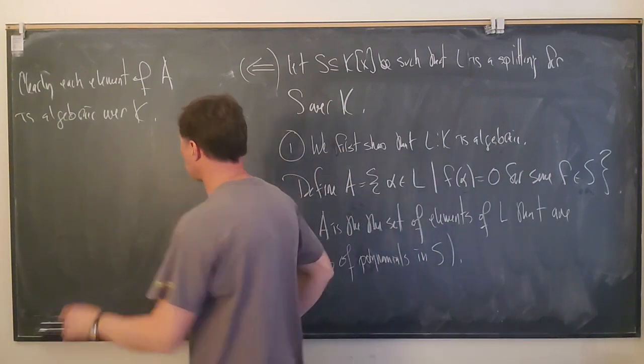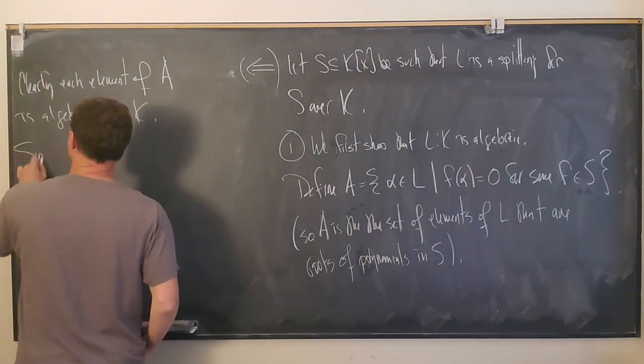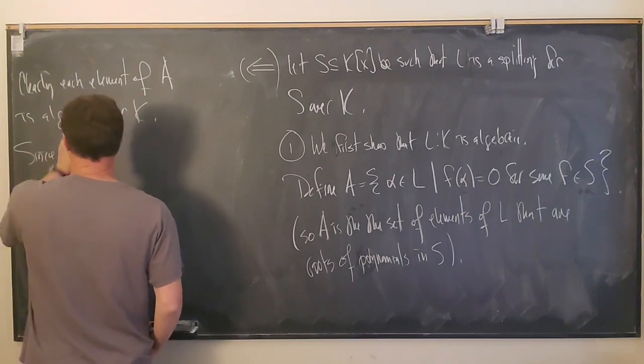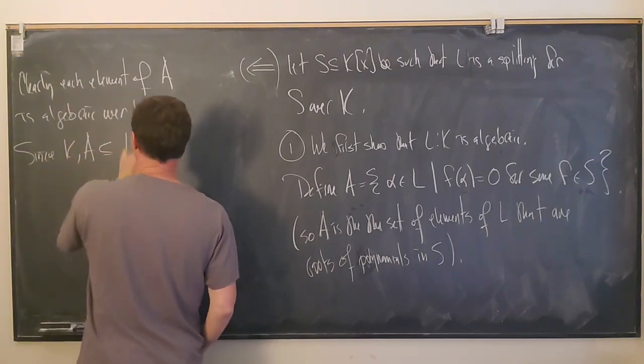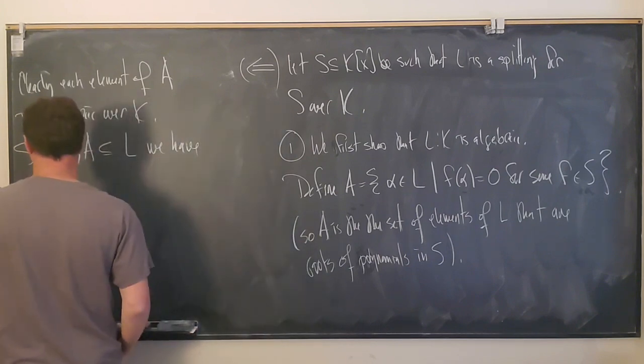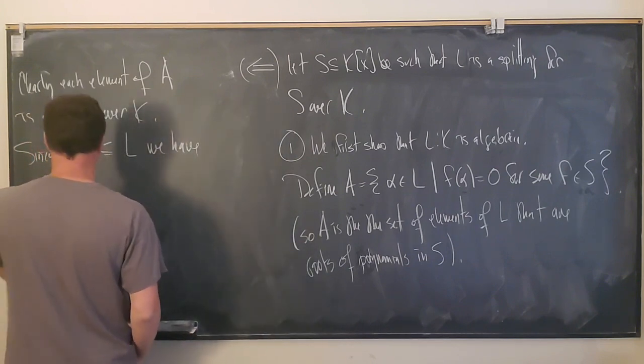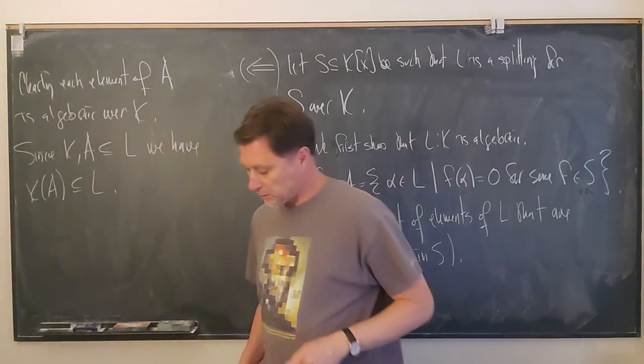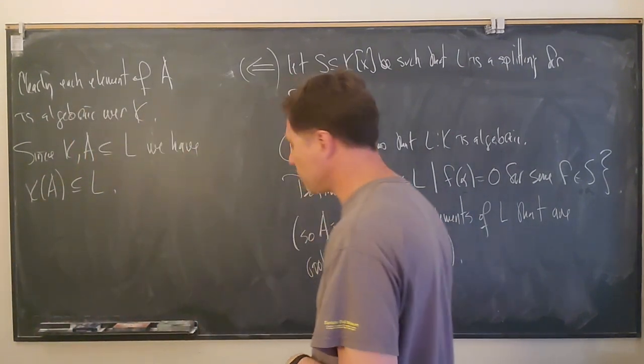Now, since both K and A are contained in L, we have that K adjoin A is contained in L. And so here's what I would like to do.